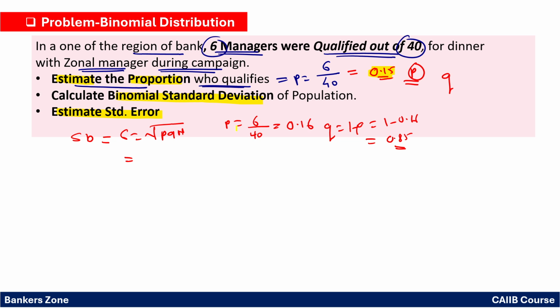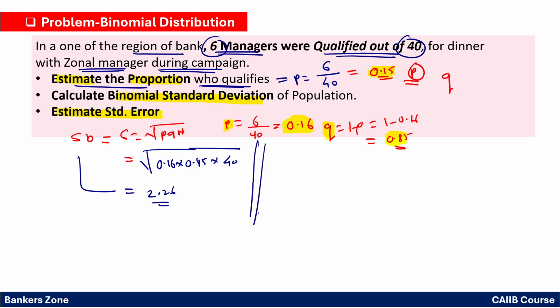So we have the value of p as 0.16 and the value of q as 0.85. Simply put in the values: the square root of p, 0.16, multiplied by q, 0.85, into n. N means the total number of samples, so n is 40. Solve, and you will get around 2.26 as the standard deviation.